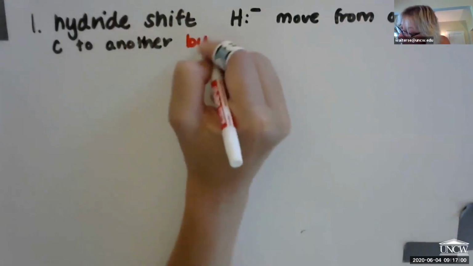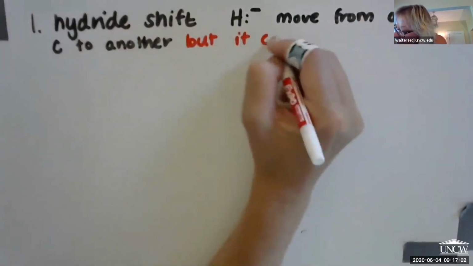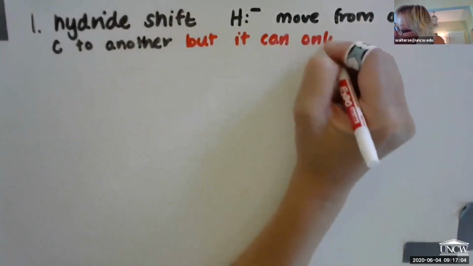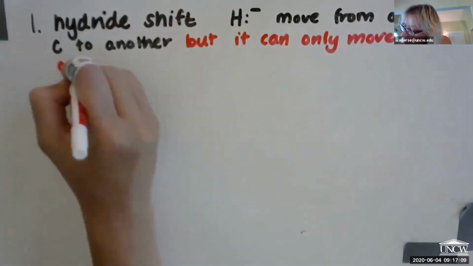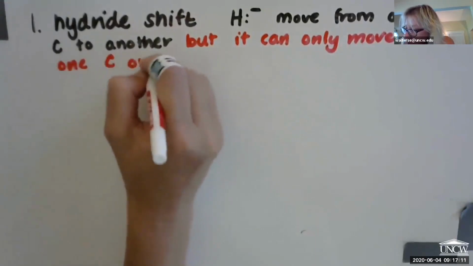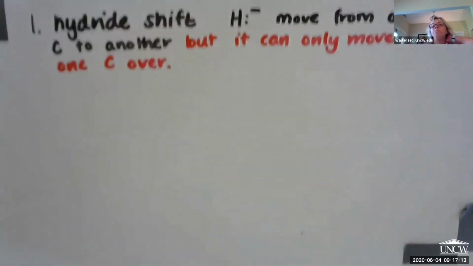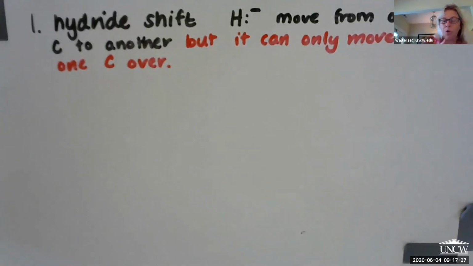But it can only move one carbon over, so it has to move to a next door carbon. It can't move wherever it wants on the molecule. It's a very small distance that it is allowed to move. So you can only look at next door neighbors.